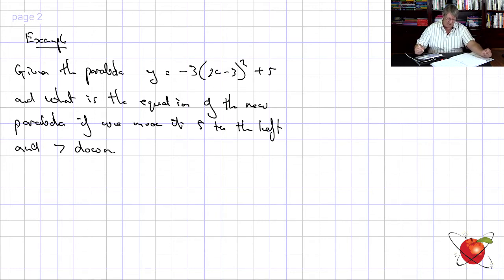Right, step 1: find the turning point on the existing parabola.